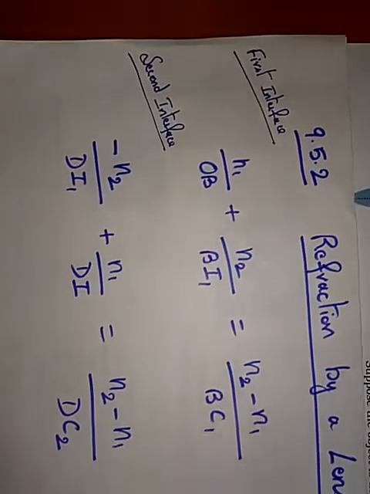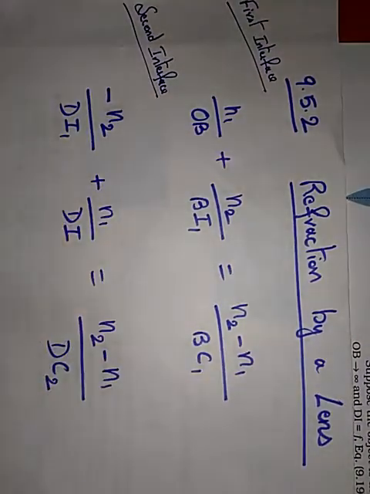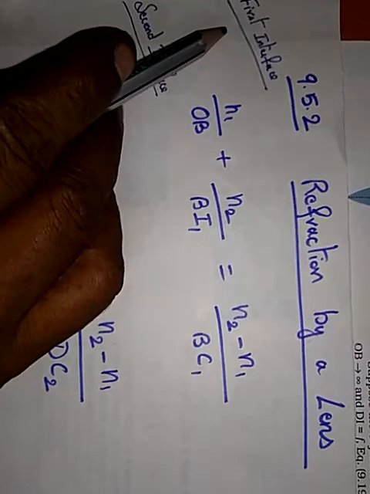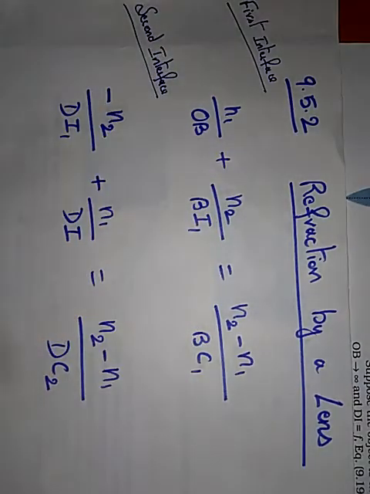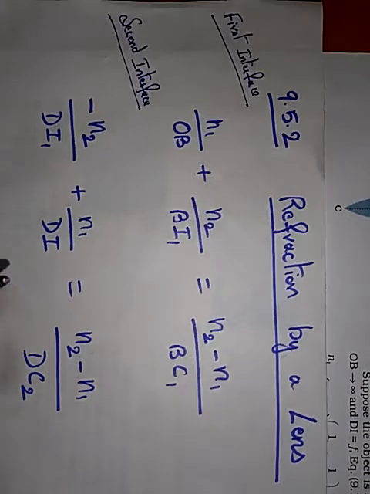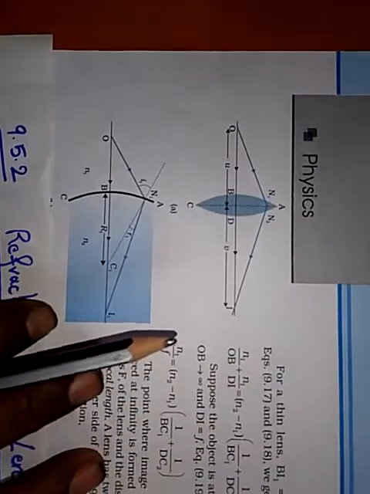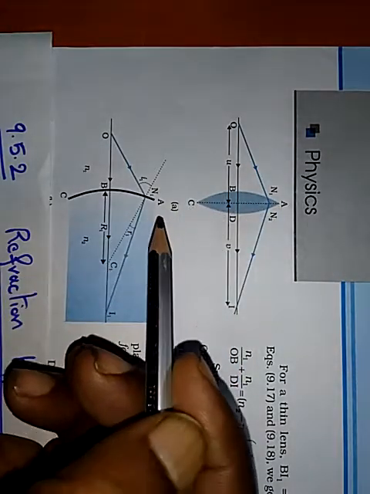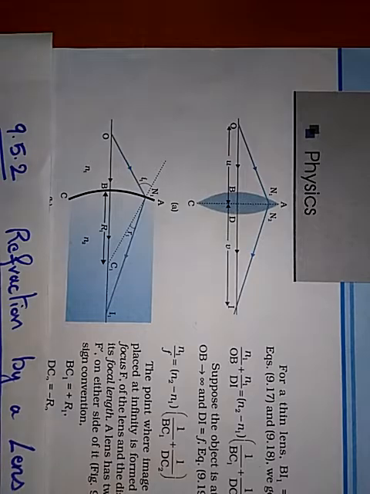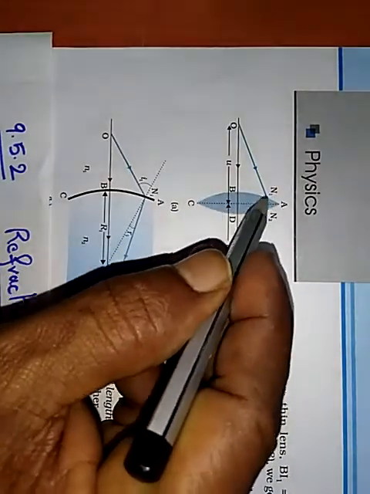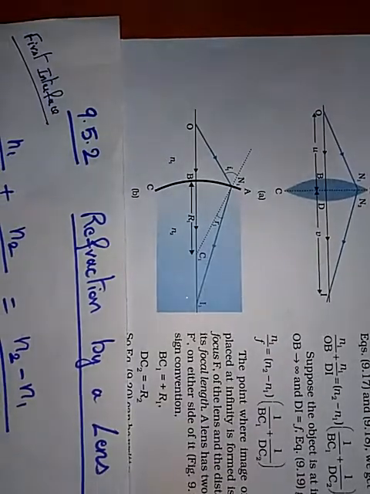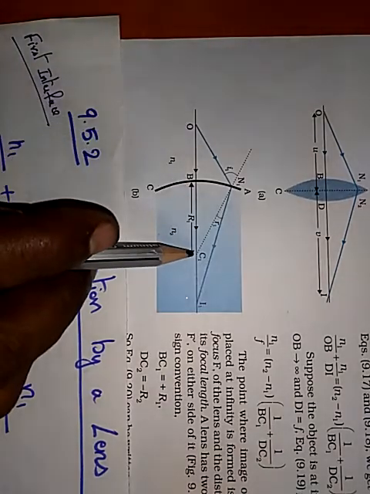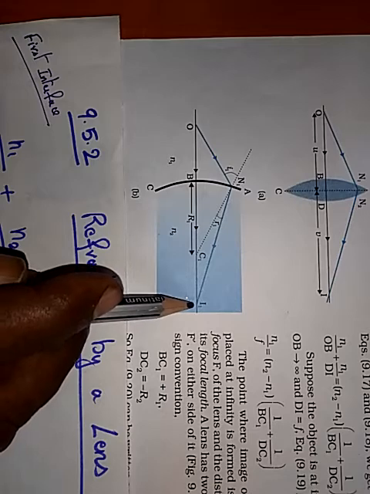So the basic idea is refraction by a lens. First we have to work out the first interface and then we will move on to the second interface. As I already told you, this lens has two interfaces, this side one interface and this side another interface. First we will consider the first interface, that is this diagram. If you consider this diagram, this is n1, n2, O, B, C1 and image formation I1.